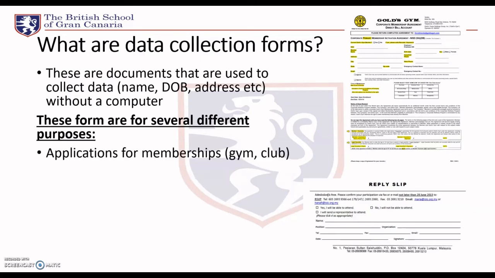So it could be, for example, application forms for memberships, like to a gym, to a club, to a society, anything like that. Maybe market research questionnaires. So maybe, for example, you might go around your local shopping centre and someone may be standing there with a clipboard and a form, and they may ask you to fill it in, saying, you know, are you male or female?